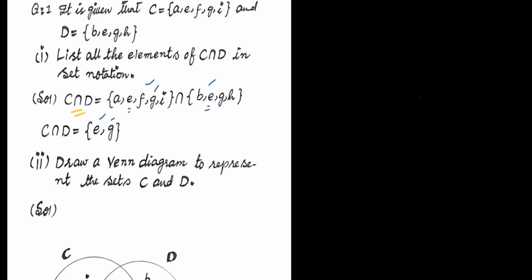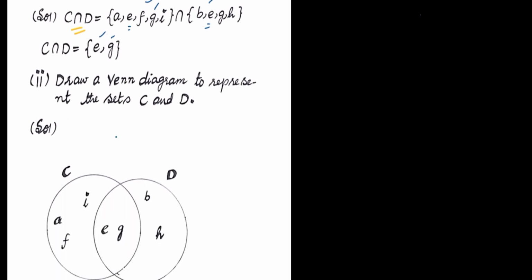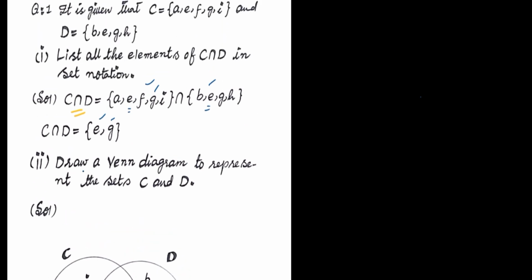Next, how will we draw a Venn diagram? As you see here, their intersection is non-empty, and further you can check that neither of the sets is a subset of the other. C is not a subset of D, and similarly D is also not a subset of C. So this is the case of overlapping or intersecting circles.